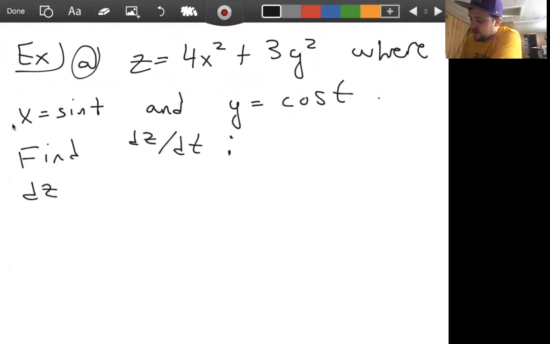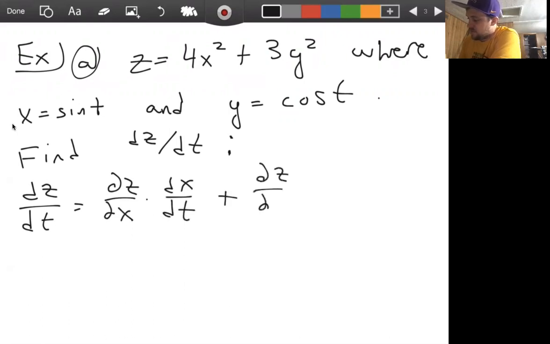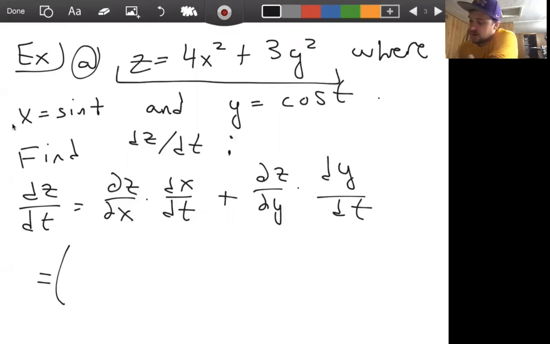We know that dz/dt is partial z partial x times dx/dt, plus partial z partial y times dy/dt. What we need to do now is compute all of these derivatives. What is the partial derivative of z with respect to x? Looking at the function for z, the partial derivative is 8x, and then times dx/dt.